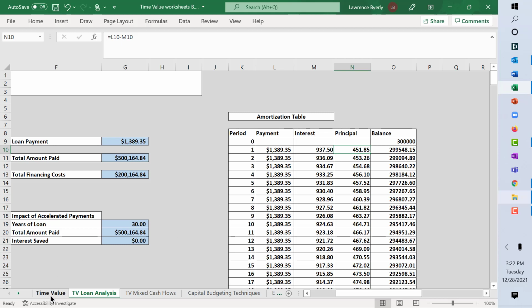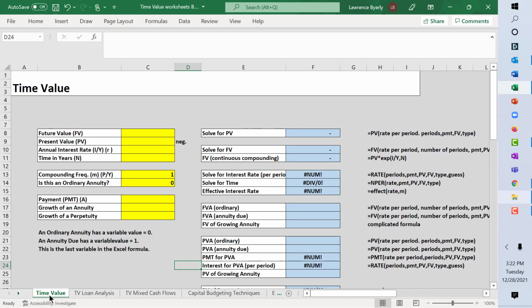Now, one other way that we could solve for this is to use the other time value worksheet. It can help us with some of these questions. This is the one time where we're going to put the present value in as a positive number. Because if you think about a loan, you get an asset today.